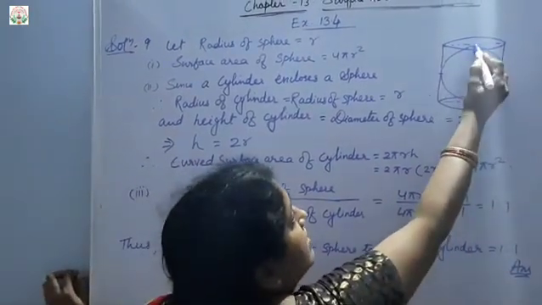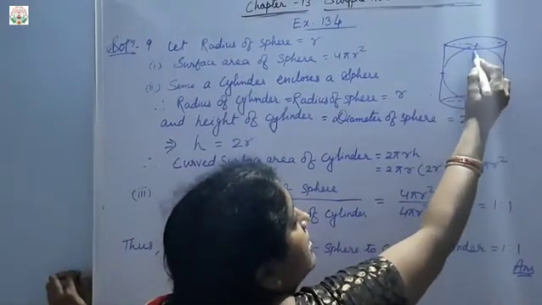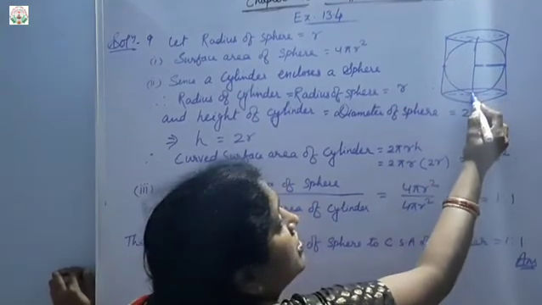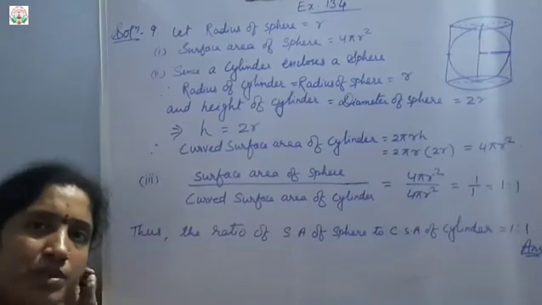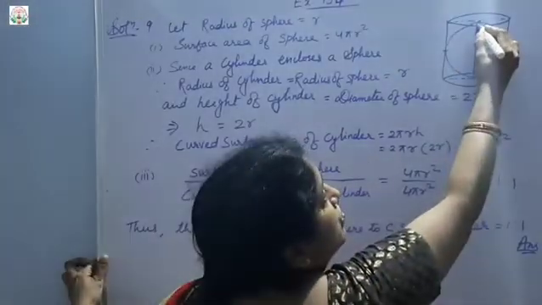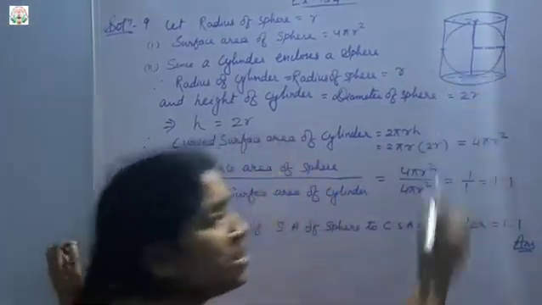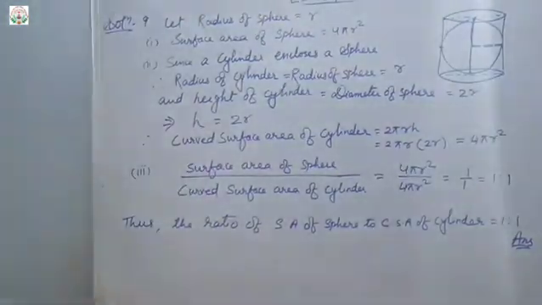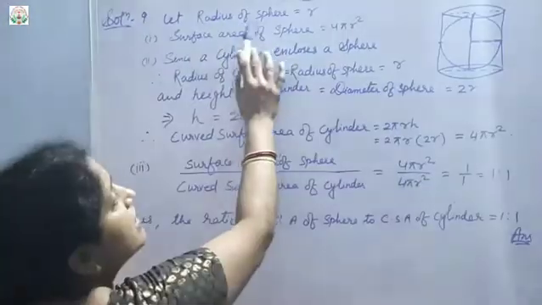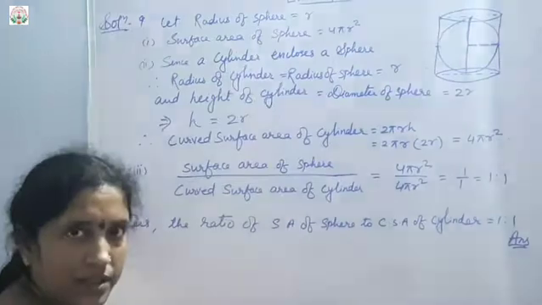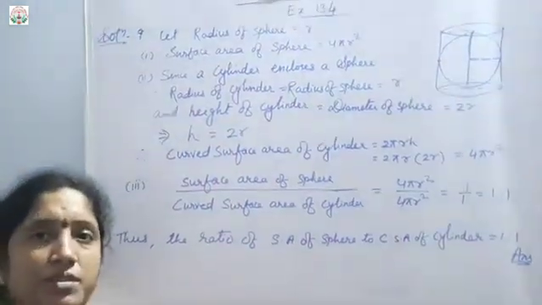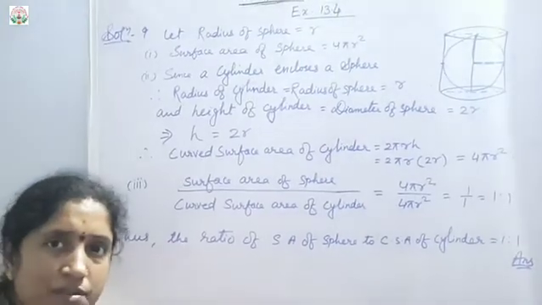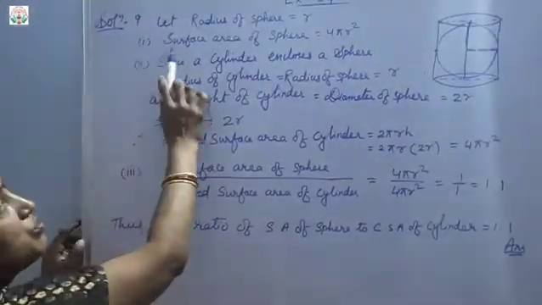And the cylinder height you can see is touching likewise. So the cylinder height will be the diameter of the sphere, because this full length is called the diameter of the sphere. Clear? Now let us take the radius of the sphere to be r. If the radius of the sphere is r, what will be its diameter? That is 2r.